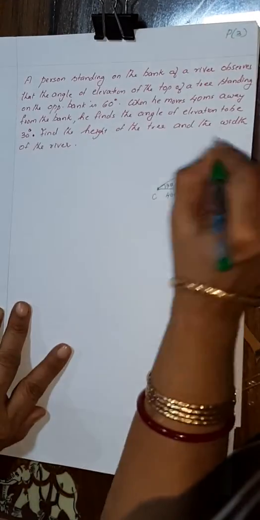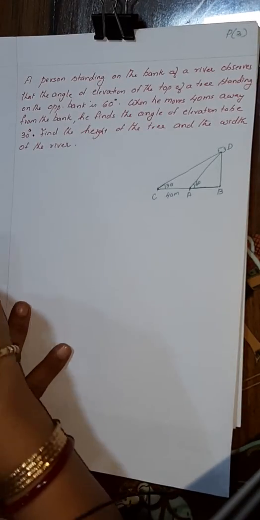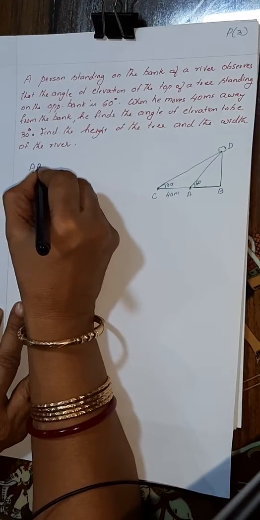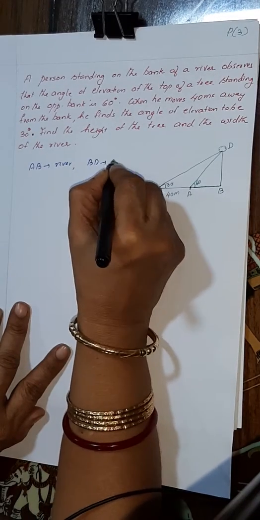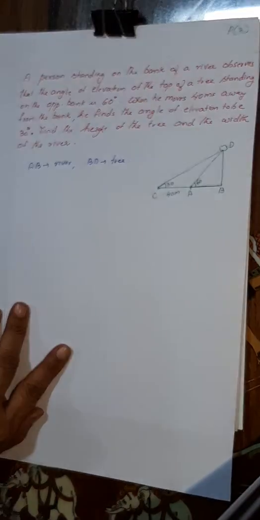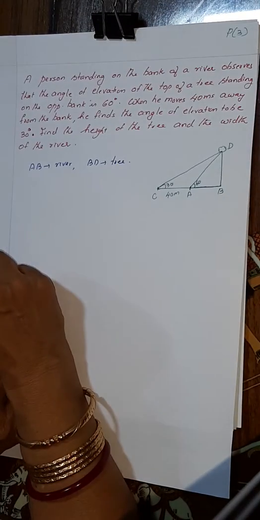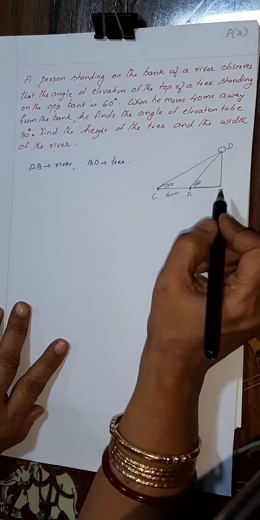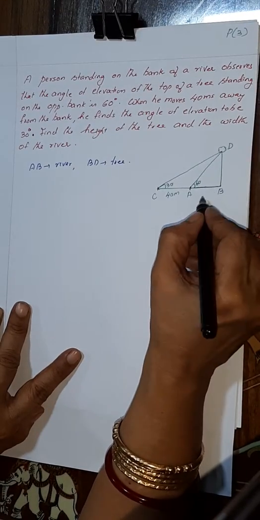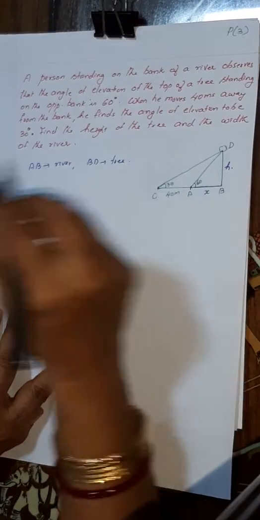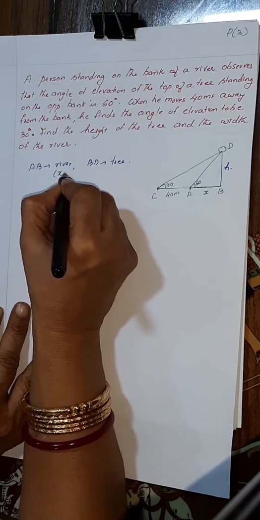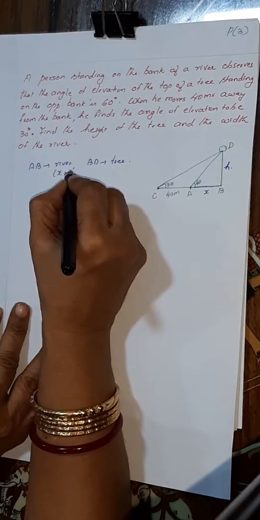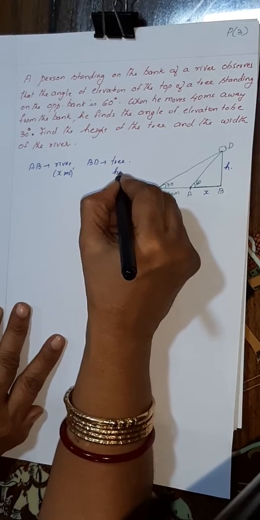So, AB is the river and BD is the tree. So, now we will take this as x and this as h. Width of the river, this is x meters, and height is h meters.